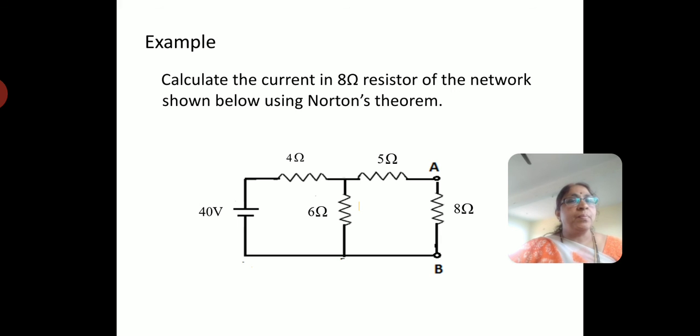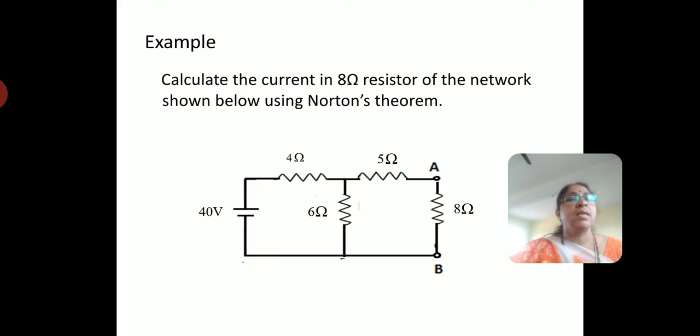This is one example in which we calculate the current in the 8 ohm resistor of the network shown below using Norton's theorem. Here the example clearly mentions using Norton's theorem, you have to calculate the current flowing through the 8 ohm resistor. So apply the Norton's theorem procedure and find the current flowing through the 8 ohm resistor.